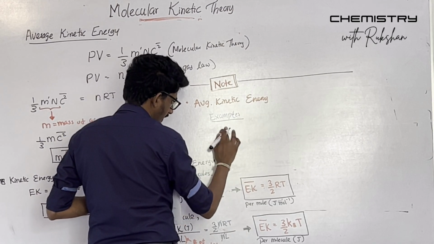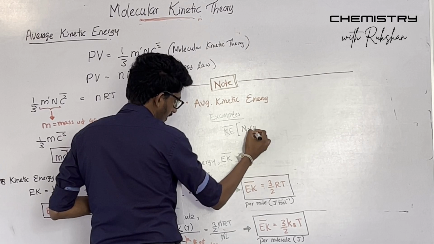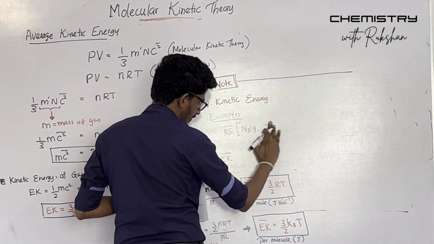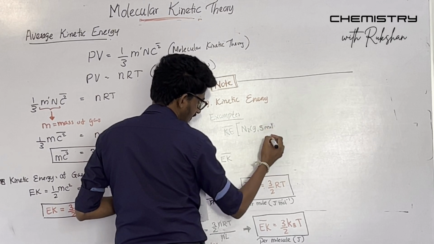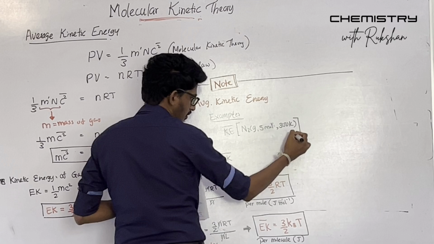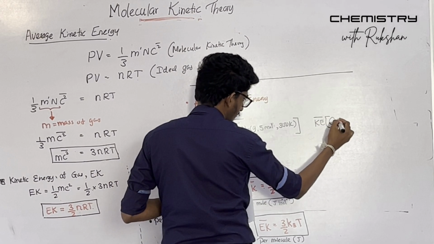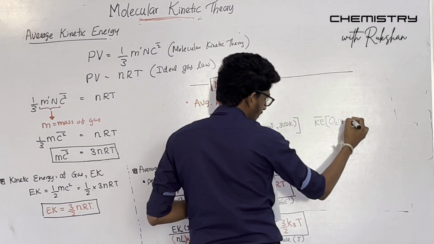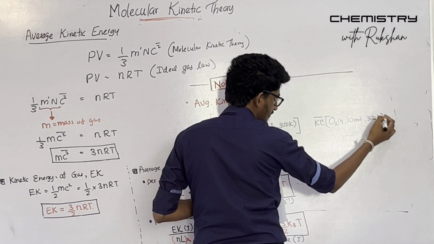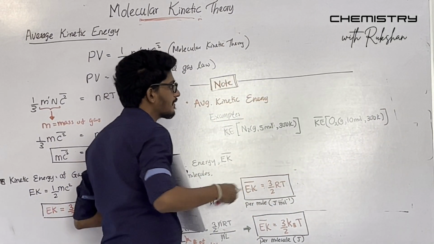So if you take the average kinetic energy, KE bar, of N2 gas at 300 Kelvin with, let's say, 5 moles, and if you consider the average kinetic energy of O2 gas, 10 moles, that is also at 300 Kelvin, actually those two carry the same average kinetic energy.